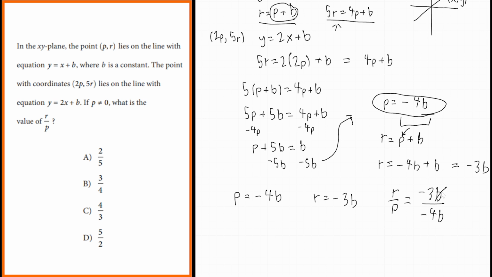This b on the top cancels out this b on the bottom, and also this negative cancels out with this negative, and we'll end up with 3 over 4, which means as long as this b value does not equal 0, and hence this p value does not equal 0, the ratio between r and p is always going to be 3 over 4, or 3/4, no matter what the value of b is. And so this right here is our final answer, which means our final answer is option B.